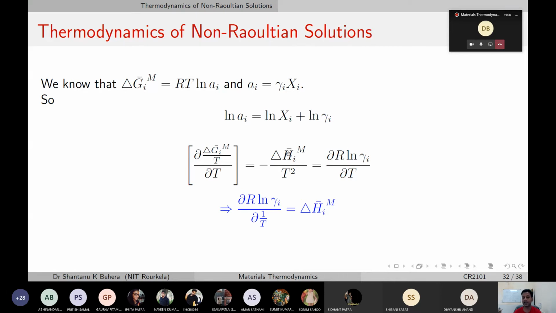We can see the interrelationship of enthalpy and thermodynamic activity coefficient. Right? So we can still further simplify this, you get that del R ln gamma i by del 1 by T, makes it slightly simpler. That is simply the enthalpy change upon mixing of that particular component.